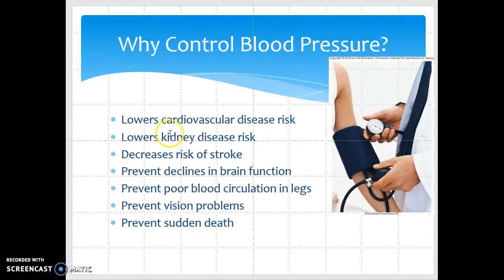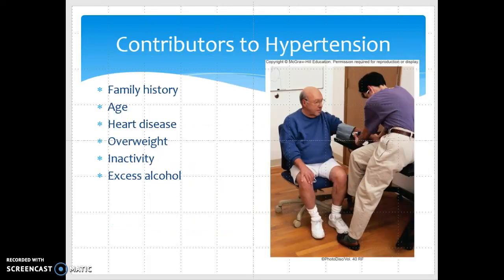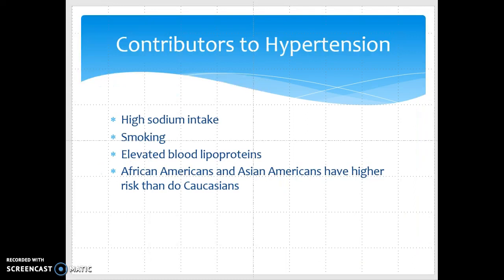So it's important to control that because it's hard on your kidneys, it's hard on your heart, it's hard on your blood vessels. If you have high blood pressure, it causes hardening of the arteries. It contributes to that. It also can be caused by these things: inactivity, extra alcohol. As you get older, you tend to have harder problems with your blood pressure.